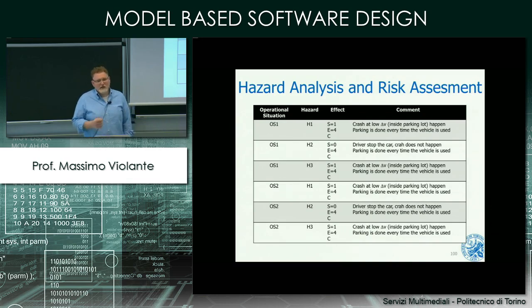Then maybe you can refine this a little bit, saying, but it's not always the case that I am parking in a parking lot like that one. I can park also alongside the road, parallel to the road. Okay? But I think that in any case, whenever we use the car, we park it. So the exposure here is very high.